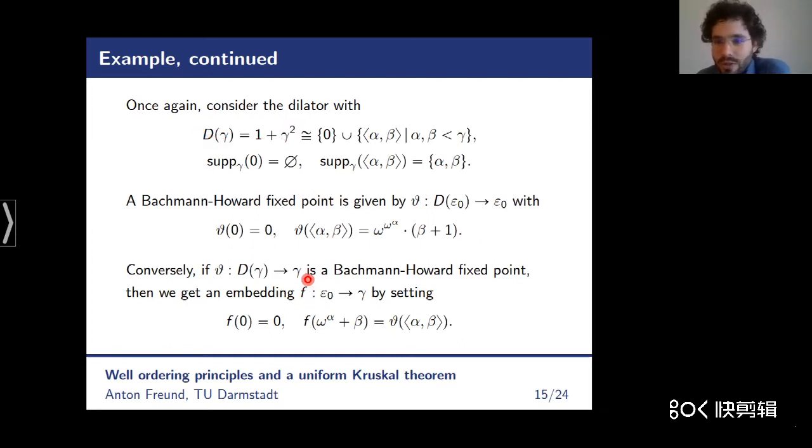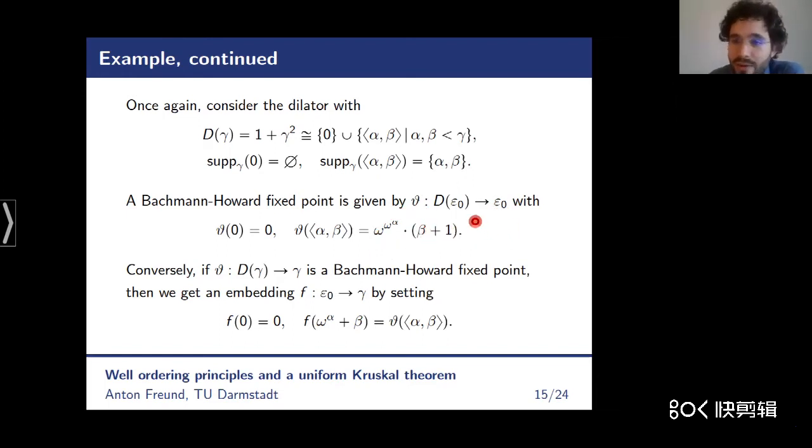So in order to show this, we must define a function theta from D of epsilon 0 to epsilon 0. And the idea is simply that we map this element 0 here to the ordinal 0. And then if we have one of these pairs here as the argument of our collapsing function theta, then we map it to this exponential expression here below epsilon 0.